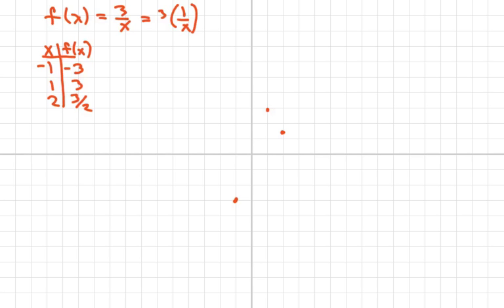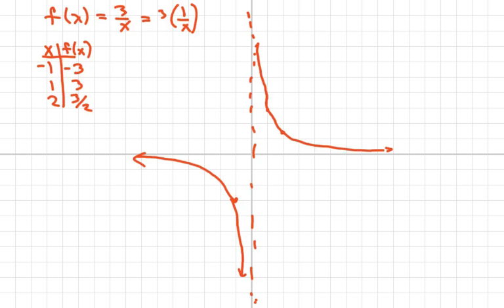And then we have our vertical asymptote here, and it's just going to go like this. When you have a vertical stretch, it just gets farther away from the origin, since you're stretching it. So that's the vertical stretch.